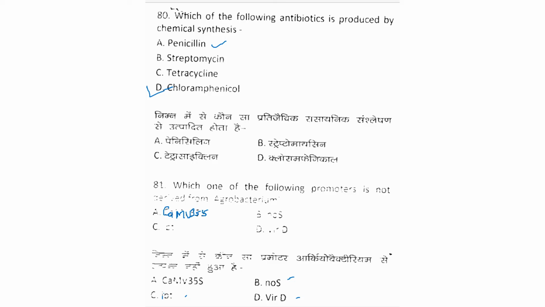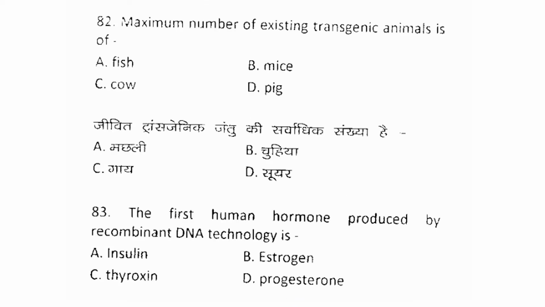But we should know CaMV 35S. So this is from the cauliflower mosaic virus. So this promoter is actually obtained from the cauliflower mosaic virus. So answer is A.